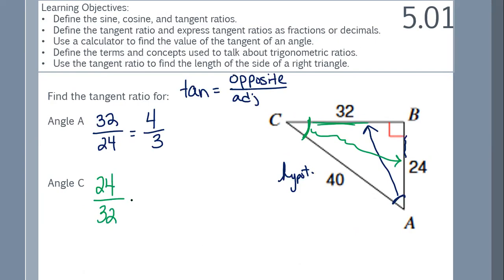Adjacent really just kind of means next to. So we have 3/4. B doesn't really have a tangent because the opposite of angle B is the hypotenuse, not a leg. Okay? So those are easy to do, just opposite over adjacent, opposite over adjacent, opposite over adjacent.